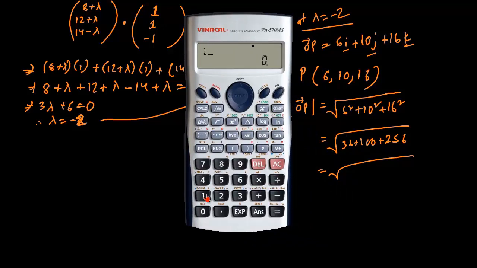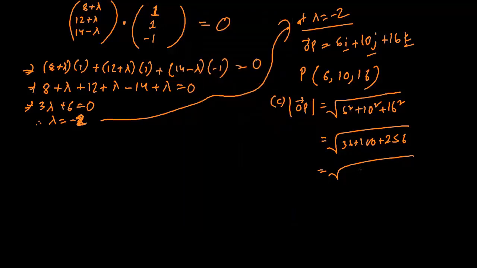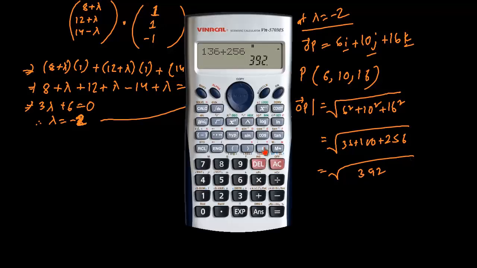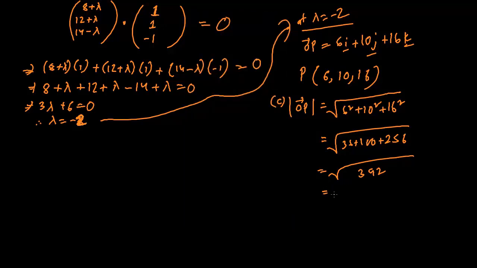So 100 plus 36 is 136, plus 256, that is 392. Now how to find this in surd format? If we divide this by 2, we get 196, and 14 squared is 196. So this is going to be 14 squared into 2, which is 14 root 2.